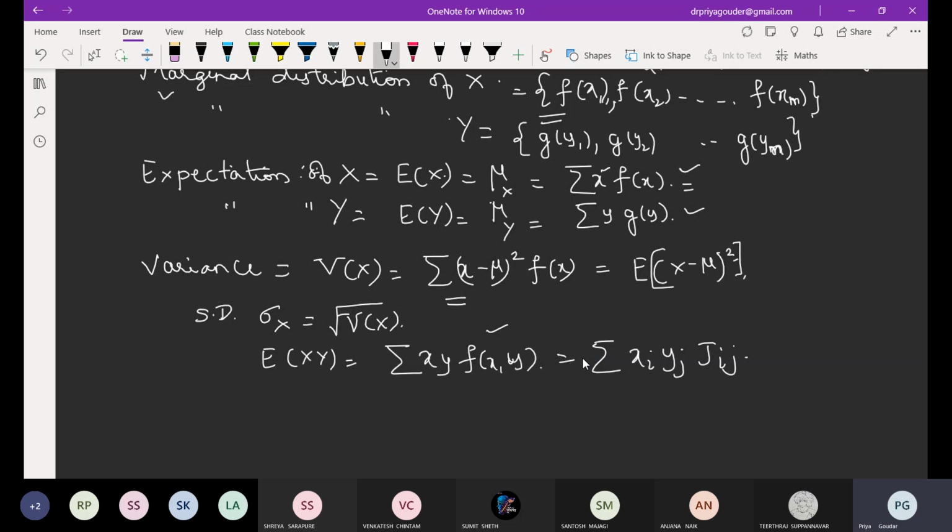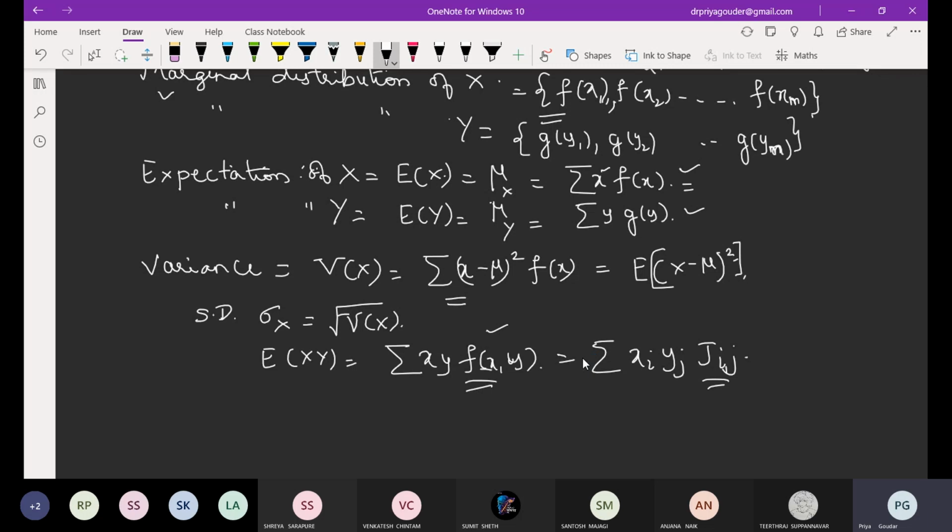Or you can take a function. When you find expectation of x and y separately, they are separate, but when you find x into y, you should take a function which combines them, a joint probability function. I don't know to what extent it is getting clear, but not to worry. Examples are very, very simple.